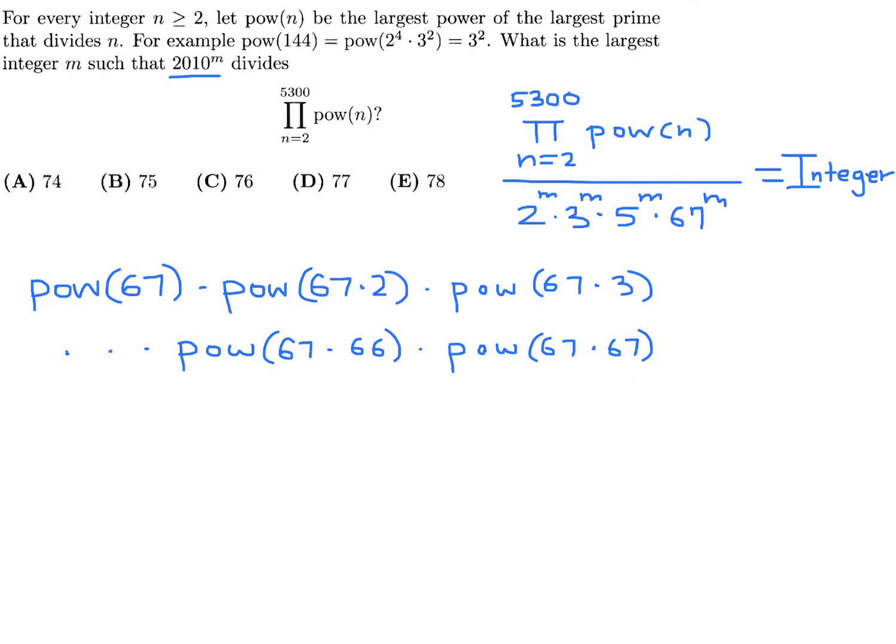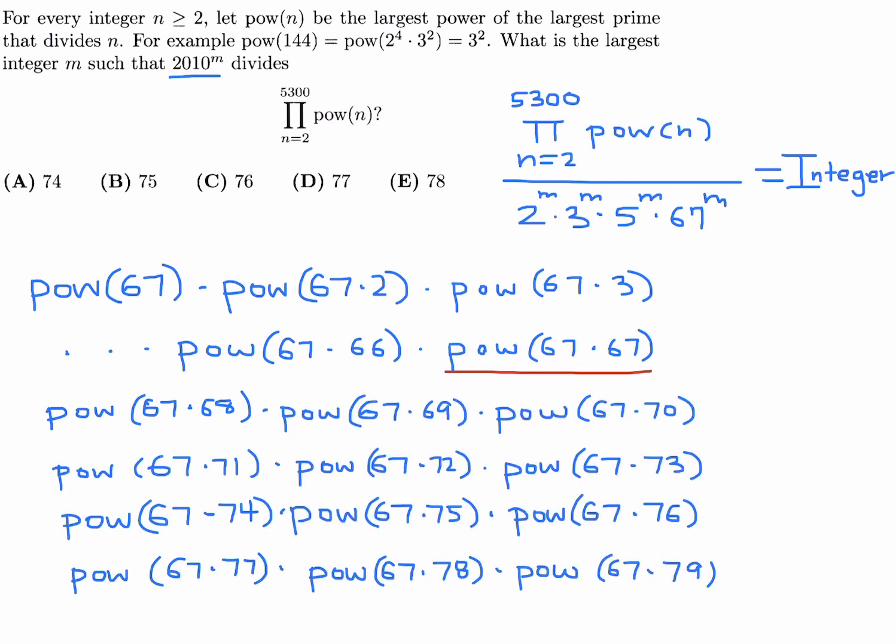Okay? So that is a little unique. So because it's unique, I'm going to put a little underline like that. And then you just keep going, powers of 67. The next one is 67 times 68, like that. And I'll write out all of them until the very end. And that's it. That's to the very end.